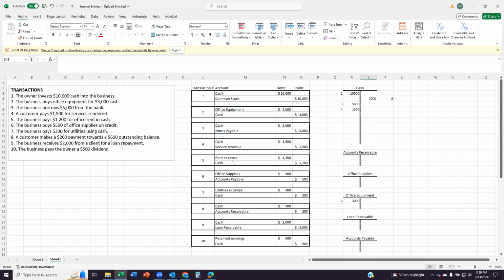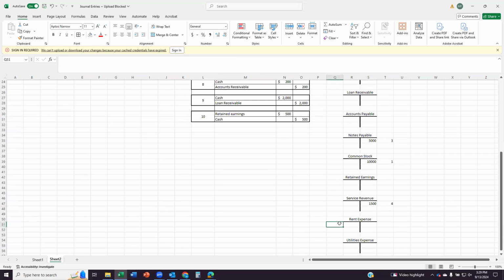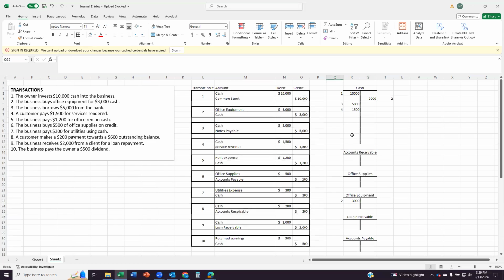Transaction five, we'll debit rent expense 1,200 and we'll credit cash 1,200. Transaction six, we'll debit office supplies 500 and we'll credit accounts payable 500.